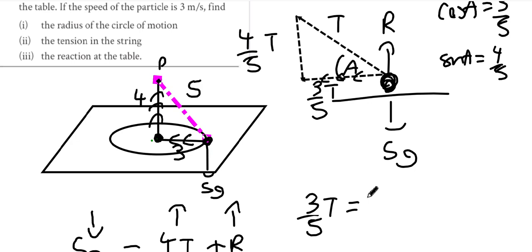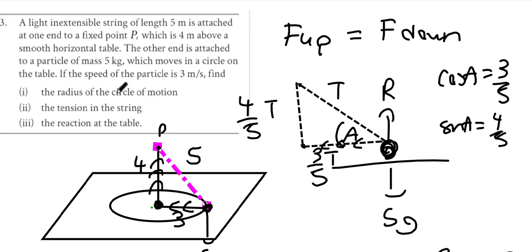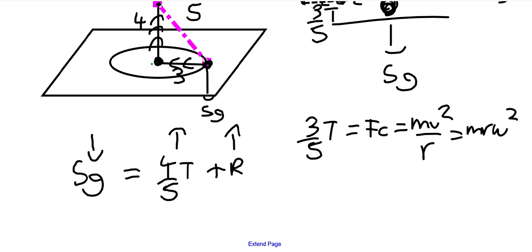So 3 over 5 T is the centripetal force, and I have a choice between mv squared over r or m omega squared r. Which choice would you like to make and why? Yep, somebody did their research. It's a v value, isn't it? There is no angle per second, radians per second going on here. So we're going for mv squared over r. Are we cool with that?